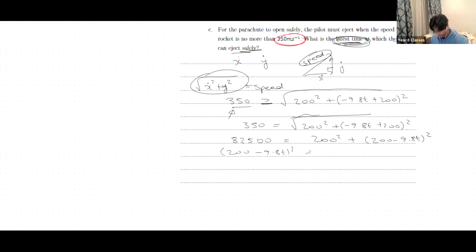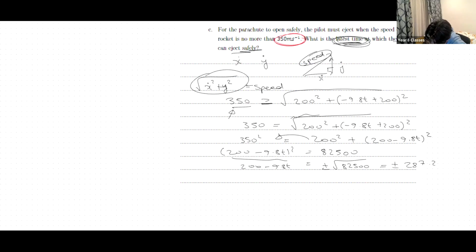Actually, just call this 350 squared, so 350 squared minus 200 squared. This is 82500. Then take the plus or minus root of 82500, so it will be plus or minus 287.23.